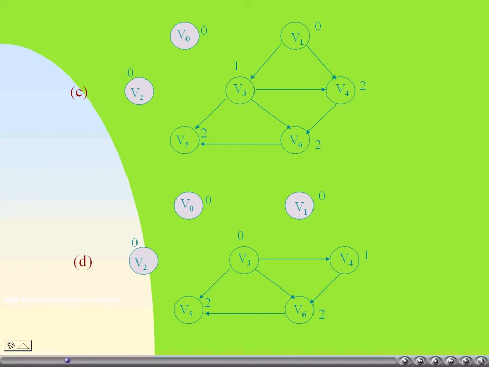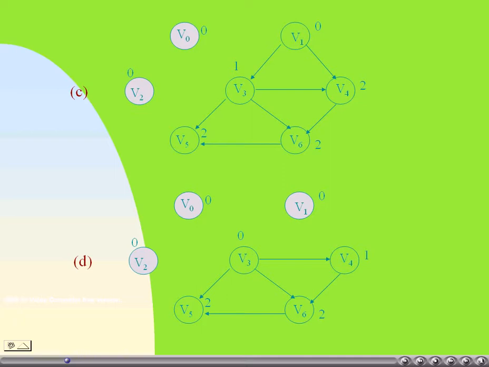Now, if we verify the remaining graph, the vertex V0 is the one having indegree value 0. We select that one. At the same time, we remove the edges leaving V0.